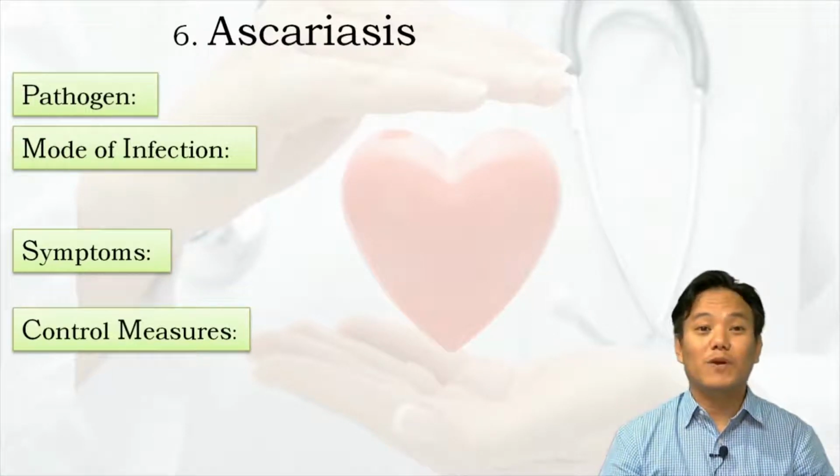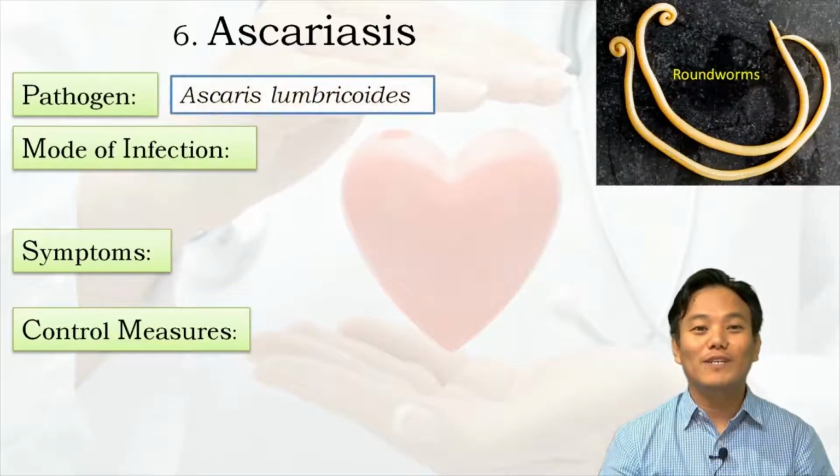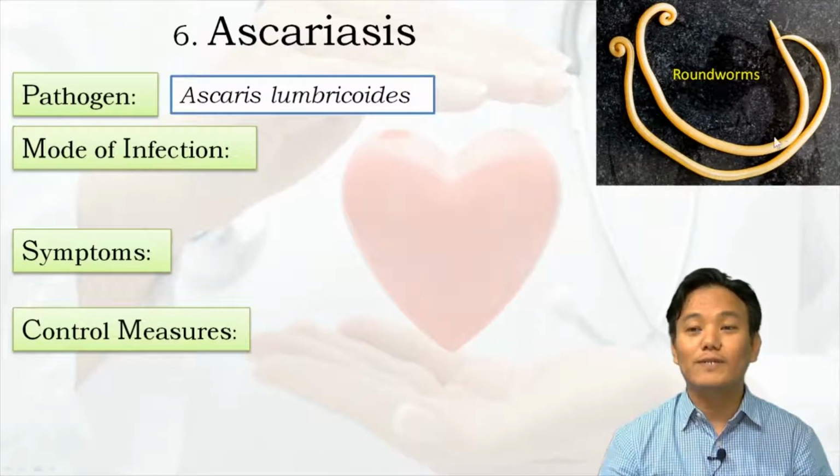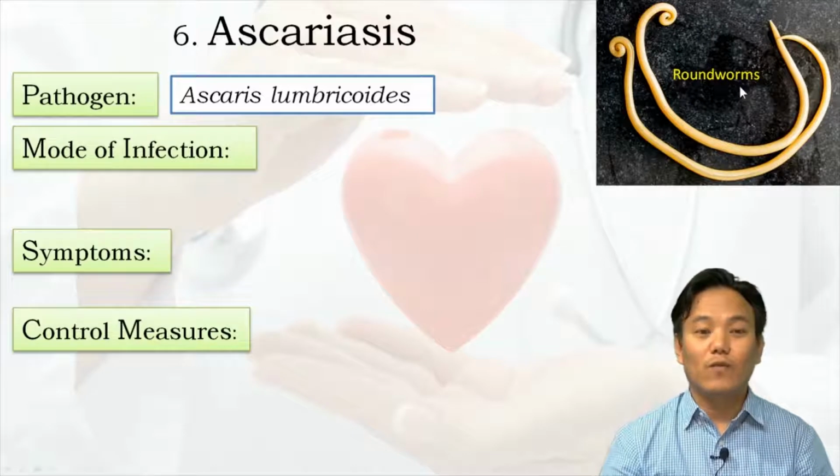Ascariasis is caused by one such parasitic worm called Ascaris lumbricoides. Here I have shown you the picture of Ascaris lumbricoides. They are commonly called roundworms. This particular name is pretty important. Ascaris lumbricoides is the pathogen responsible for causing ascariasis.